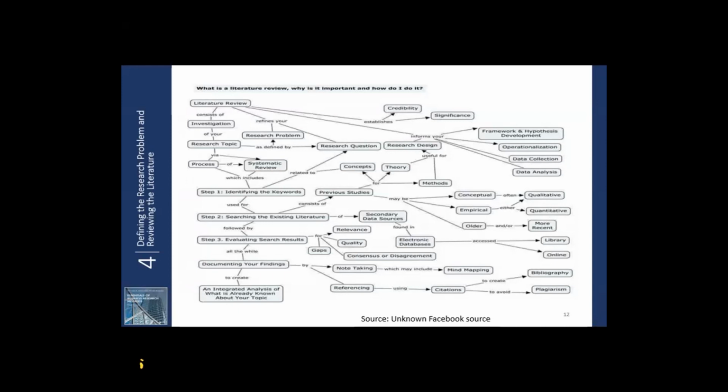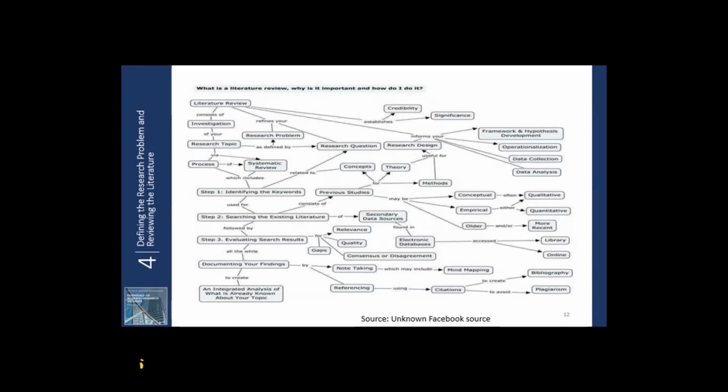So the process of literature review includes use for existing literature, followed by, all the while, to create. So that's how you can define literature review. All the ingredients or elements of literature review.